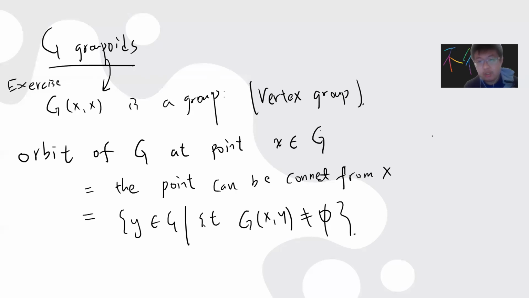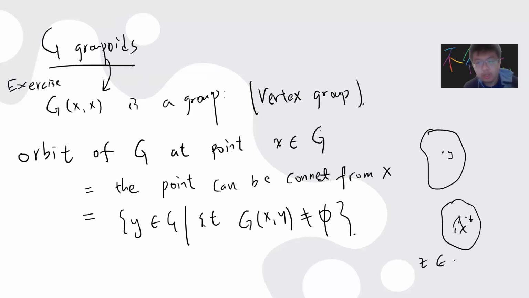So basically this just means that suppose you have two islands, two different topological spaces, and y and x, and this is z, right? So z and x, there is a path that you can start from x to z, right? So z will belong to the orbit of x, but y will not be in the orbit of x. And mathematically you can say their fundamental groups are the same.